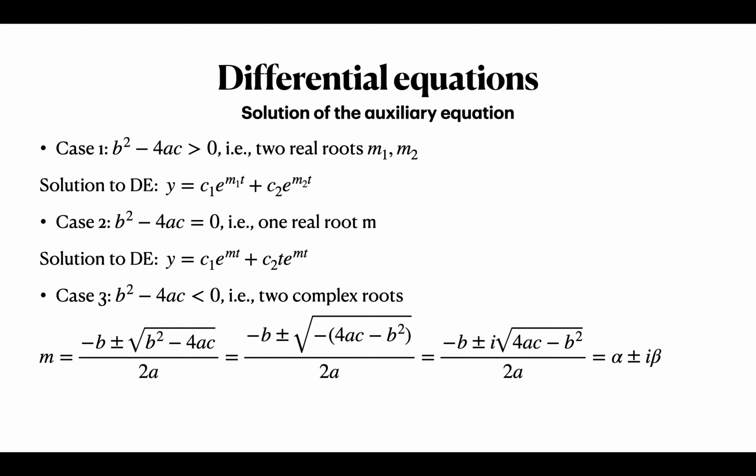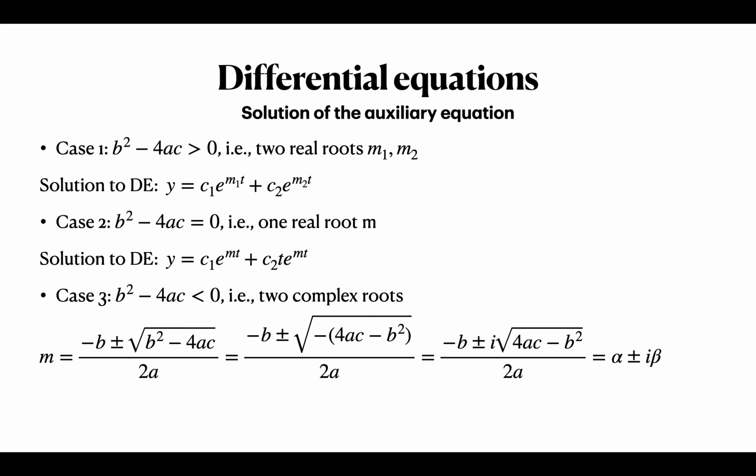We know that b squared minus 4ac is negative, so therefore 4ac minus b squared is positive. All right, so you can rewrite what's inside the square root sign as minus 1 times 4ac minus b squared. 4ac minus b squared is positive, and you're multiplying that by minus 1. So you can bring the square root into each of those individual terms.